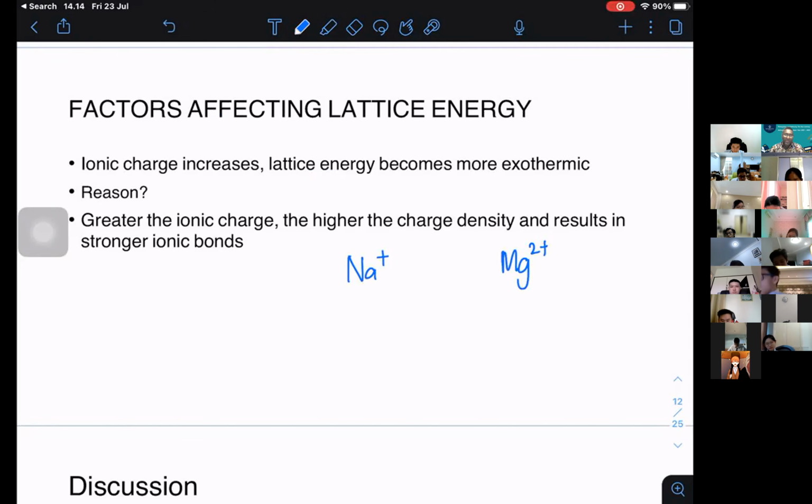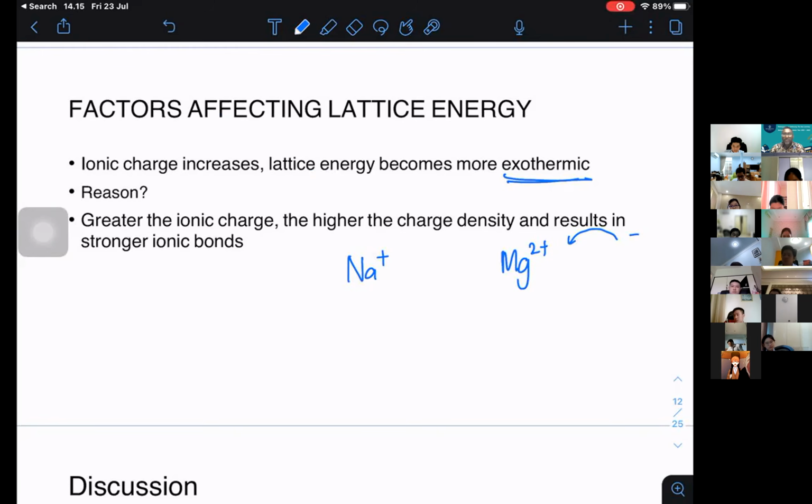If you have more charge, a negative ion trying to come in will form a stronger bond. If a stronger bond is formed, then you will get more exothermic. So as the ionic charge increases, lattice energy becomes more exothermic. Why? You need to mention it in terms of charge density.